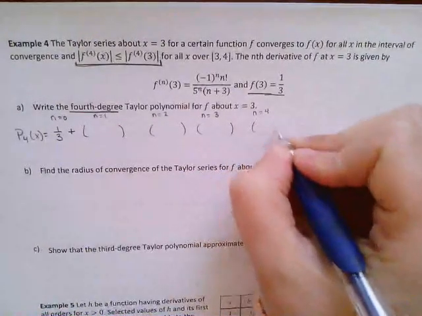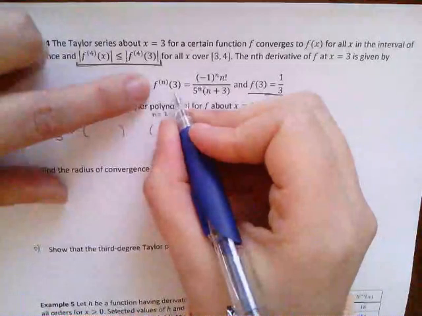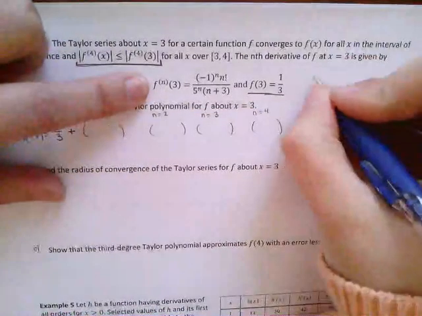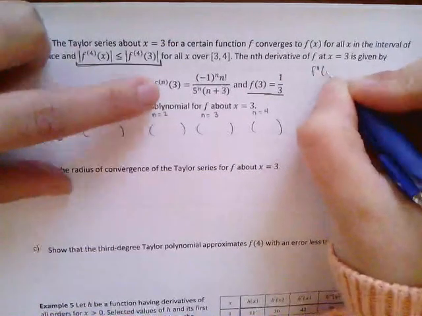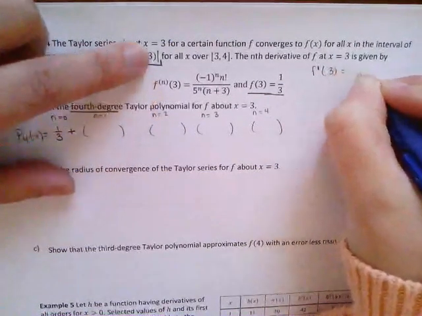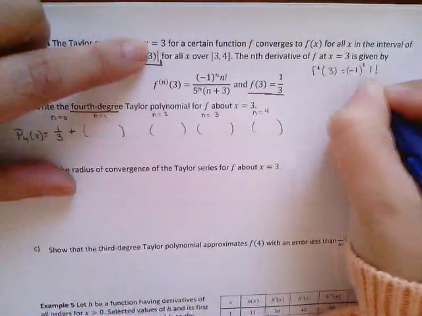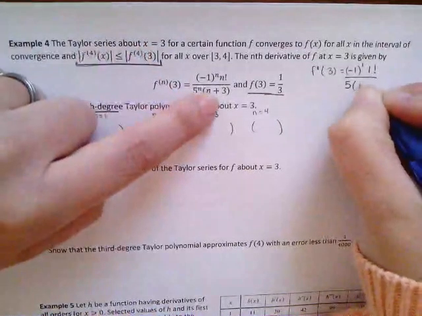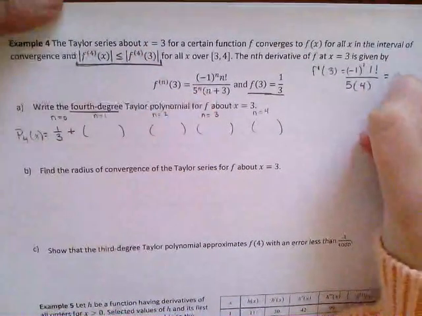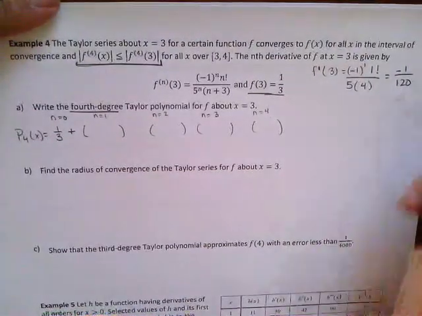How do we figure that out? Well, we have the nth term, so I just need to plug this in. So f1 of 3, when n is 1, is equal to -1 to the 1 times 1 factorial over 5 times 1 plus 3, which is 4. That will give us -1 over 120.